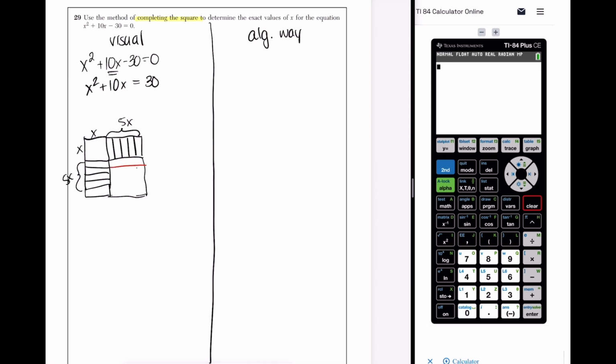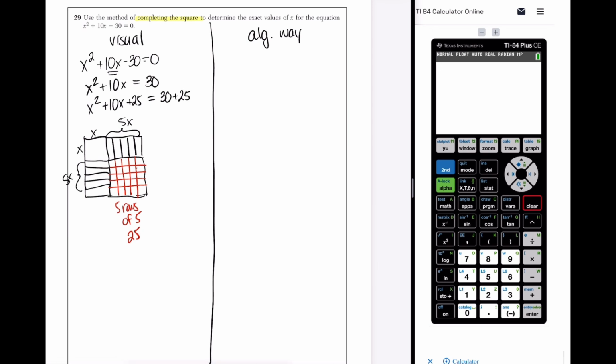So I would have 5 rows of 5, which is the same as 25. So x squared plus 10x plus 25 would make the square. So I'm adding 25 to this left side, so I'm going to add 25 to the right side.